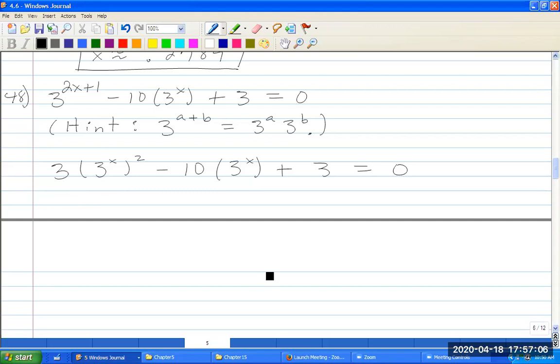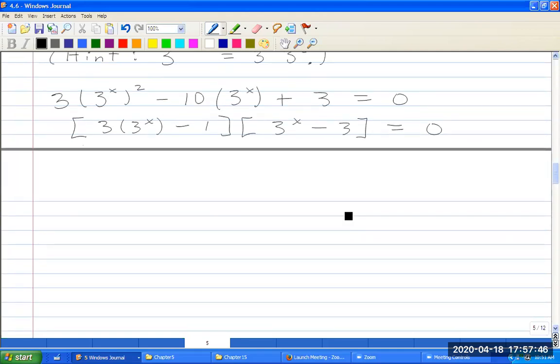I'll write it as 3 times 3 to the x minus 1, times 3 to the x minus 3, equals 0. So if I look at this, I'll get 3 times 3 to the x squared, minus 9 of the 3 to the x's, minus 1 of the 3 to the x's, minus 10 of these 3 to the x's. Minus and minus become a plus 3. So I factored it. I can use the zero factor property.